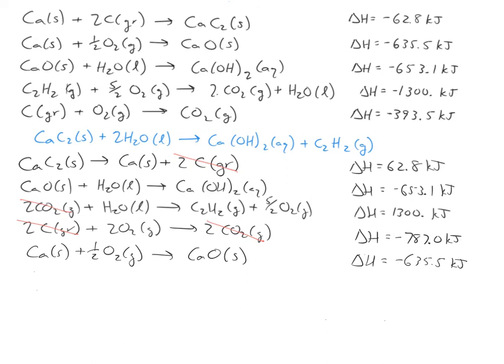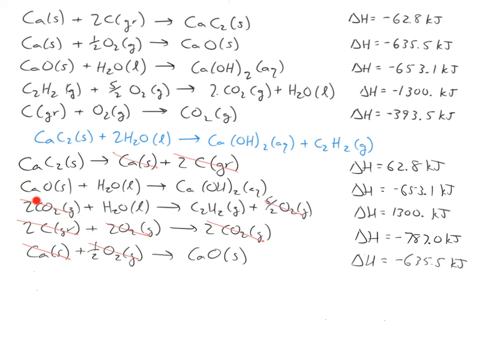Now back to canceling. I have a calcium solid as a reactant and a calcium solid as a product. Those cancel. Additionally, I have 5/2 O2 gas as a product. I have 2 O2 gas here, plus another half. That's 5/2 O2 gas as a reactant, so those cancel. That's good.